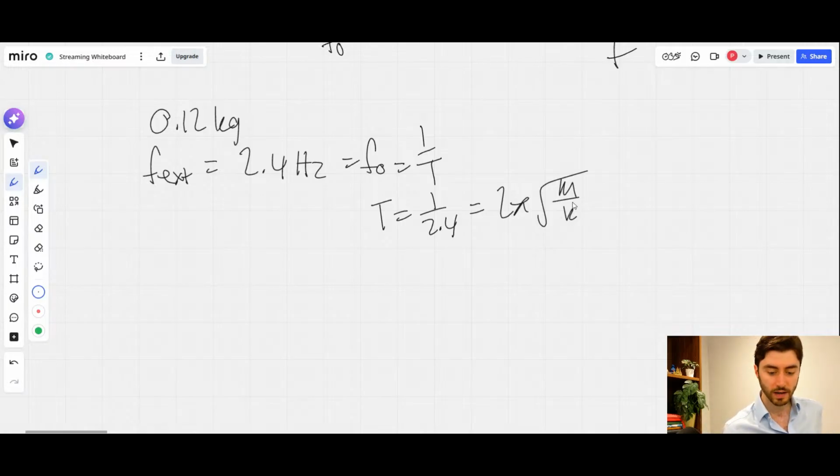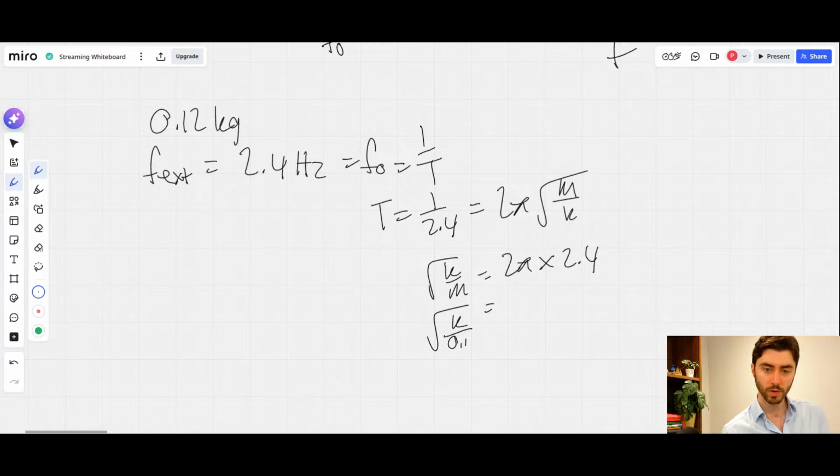So what we can do here is to work out the spring constant of the system using that, where root k over m is going to be equal to 2 pi times 2.4. So root k over 0.12 equals that, and 2 pi times 2.4, we'll just say that's equal to 24 over 5 lots of pi.